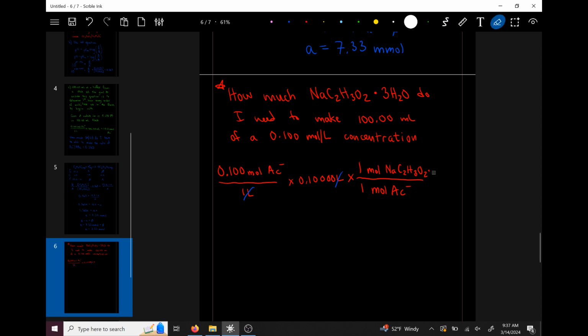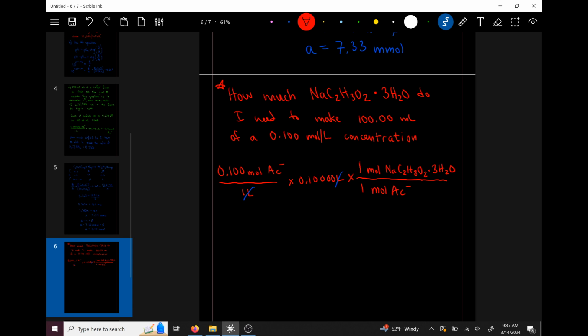This should be 3 water molecules. And we must consider those 3 water molecules when we perform our stoichiometry, because we're going to convert from moles of sodium acetate trihydrate to grams of sodium acetate trihydrate.